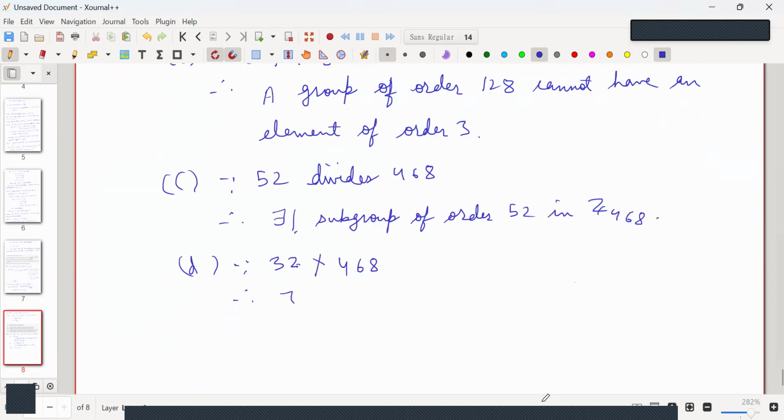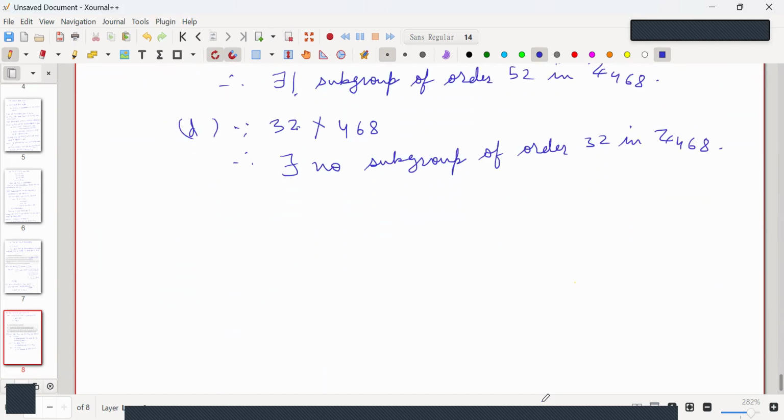Therefore, there exists no subgroup of order 32 in Z468. So, if you have some question to discuss, then you ask.